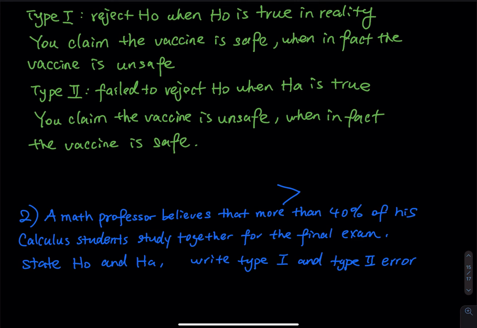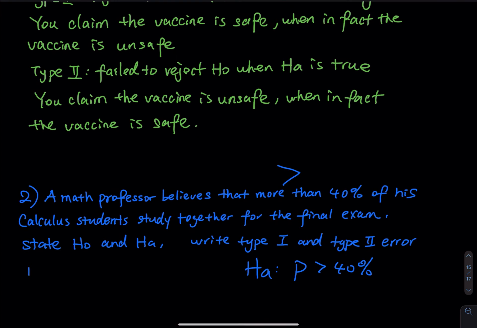The answer is no, right? You cannot put greater than in H0 because in H0 there has to be an equal. So that means the greater than goes to HA. So more than 40%. So 40% is kind of like a proportion, right? Okay, so we write this. The proportion is greater than 40%.